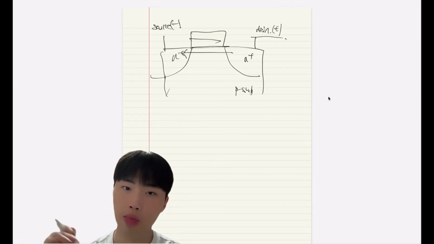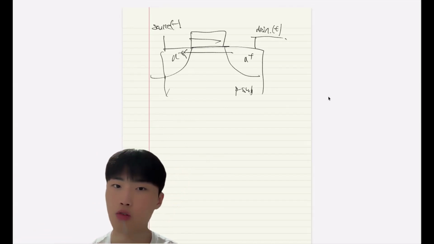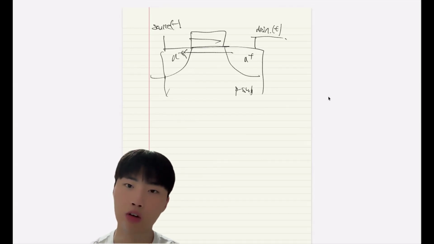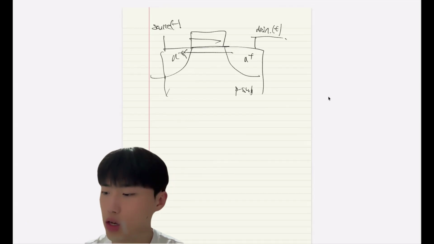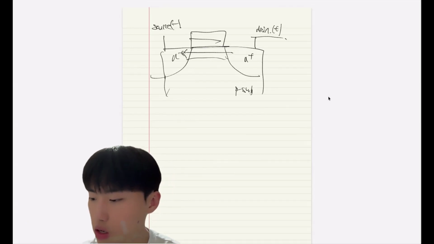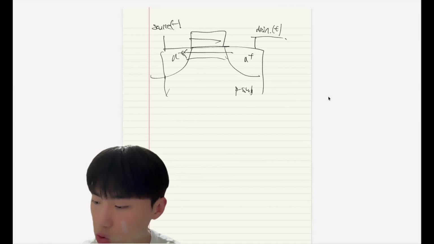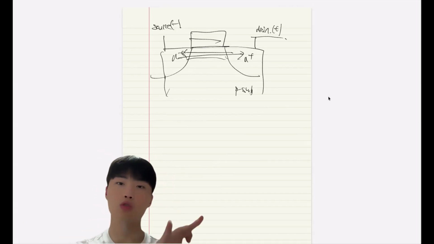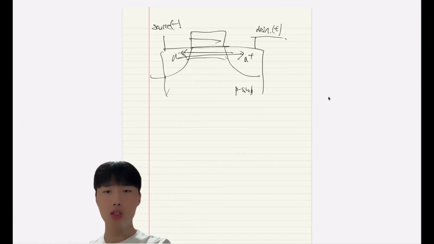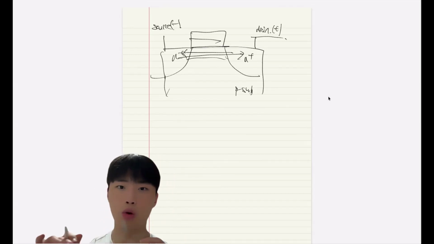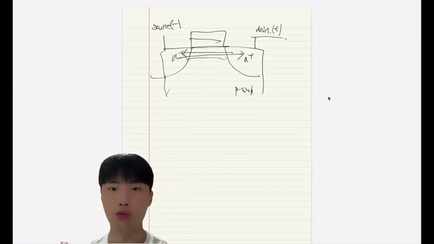The majority carriers are electrons, and the electron direction will be opposite to the electric field, so the electrons will go from the source to the drain. And then there will be some current flowing.